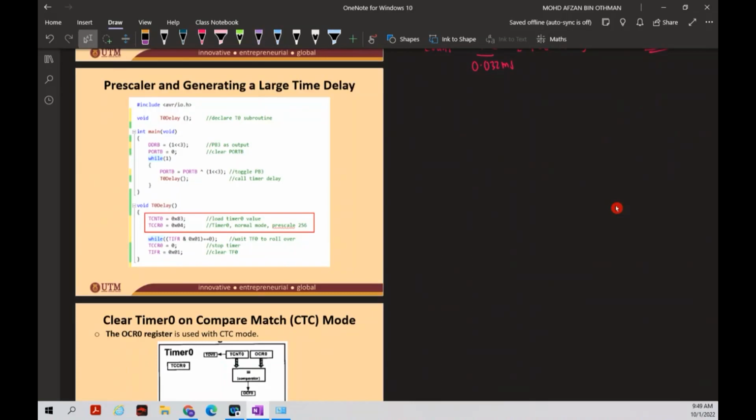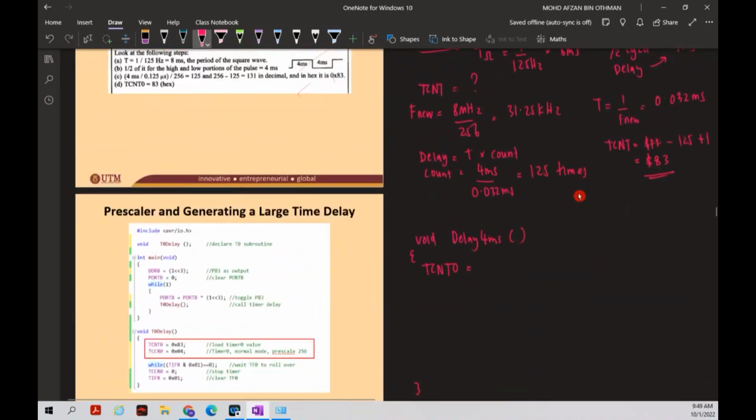So we start with void delay 4 milliseconds, for example, the name of the delay subroutine. TCNT0 because timer 0, and the value you put here is 83 after the calculation.